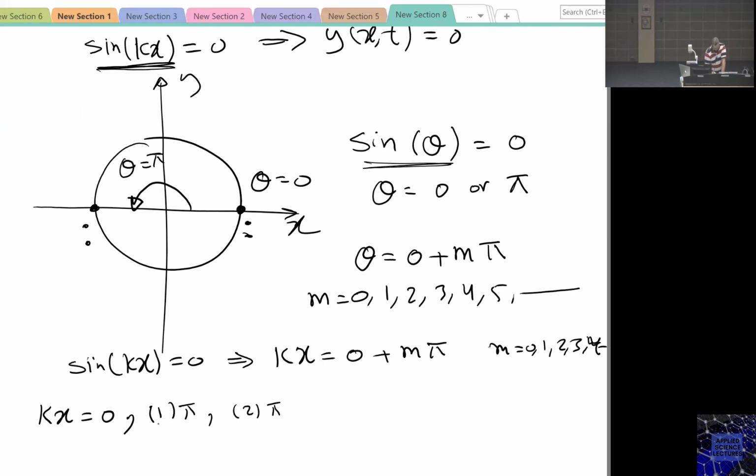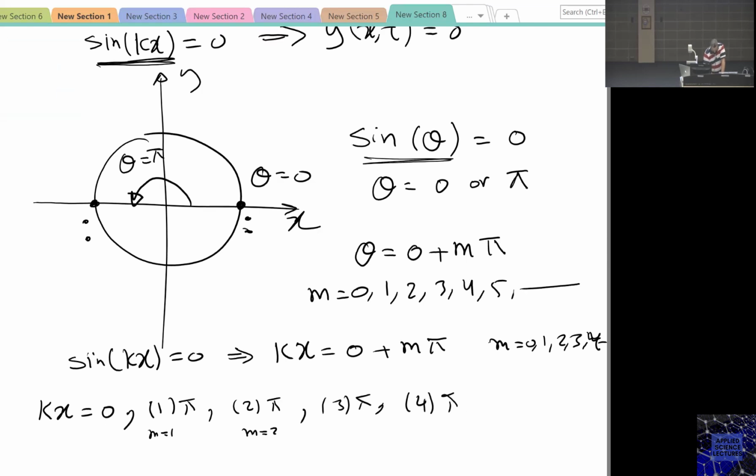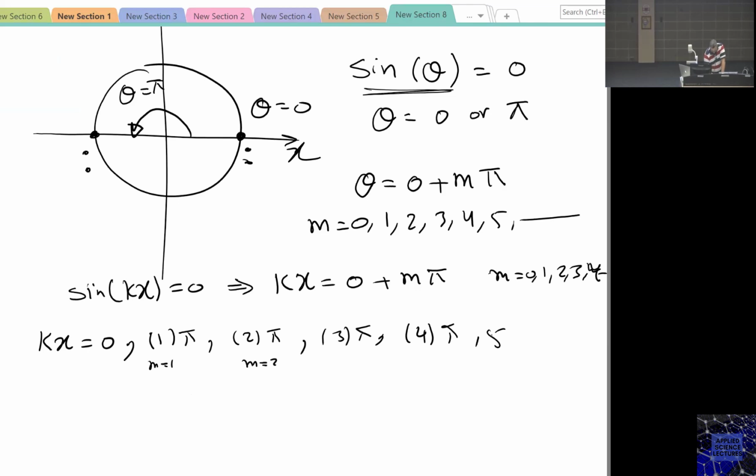I'm substituting m here with 1, m here with 2, and so on. So this is 3, 4, 5. If I divide by k, then I'll be solving for x, which is the location of those nodes.